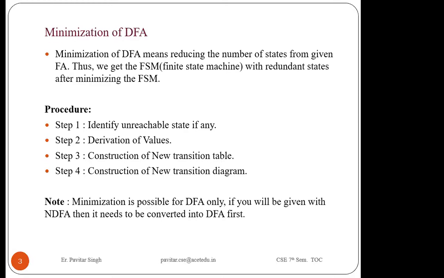So I am repeating the procedure one more time. Step 1 says that you have to identify the unreachable state, if there is any unreachable state present in your diagram or table which is given to you. Number 2, you have to derive the values in the form of pi naught, pi 1, so on up to pi n.